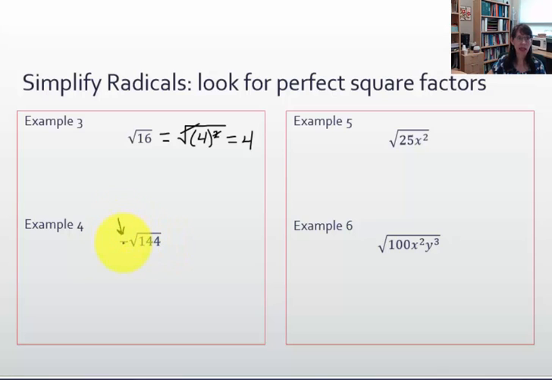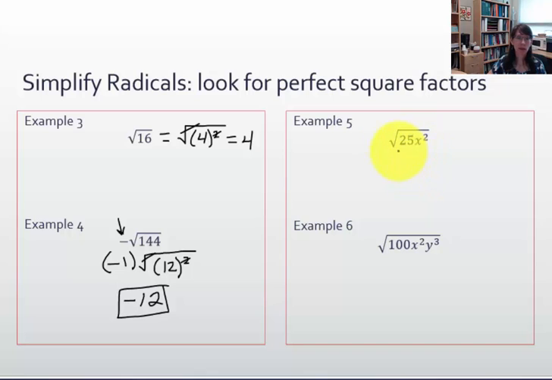So the negative sign on the outside is actually indicating multiplication by negative 1. So negative 1 is multiplied by the square root of the quantity 12 squared, because we know that 144 is a perfect square. The negative is already clearing, and now we can see that 12 squared, taking the square root, leaves 12. So negative 12 is the negative square root of 144.